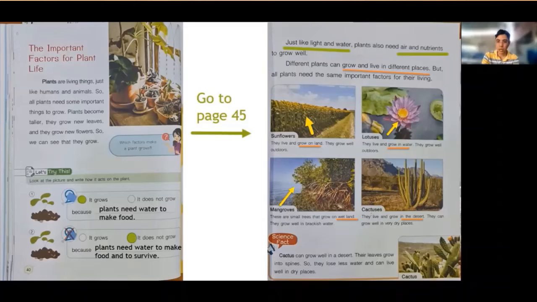They can grow well in very dry places. Do you know why? Because the cactus has leaves that grow into spines. So they lose less water and they can live well in dry places.